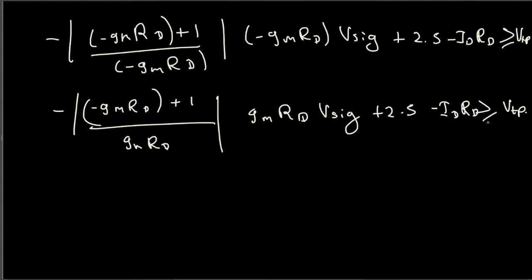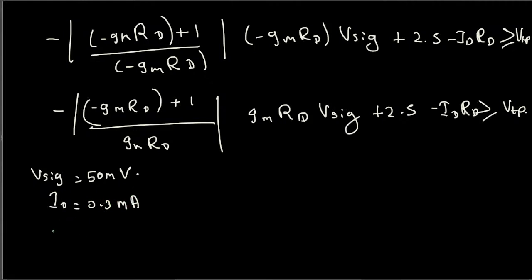Okay, now the next thing is we have to just substitute the values. The available values: we have 50 millivolts for the vsig. Let me label this. So we know that vsig, according to the question, is given by 50 millivolts, and we have the drain current ID to be 0.3 milliampere, provided in the question.